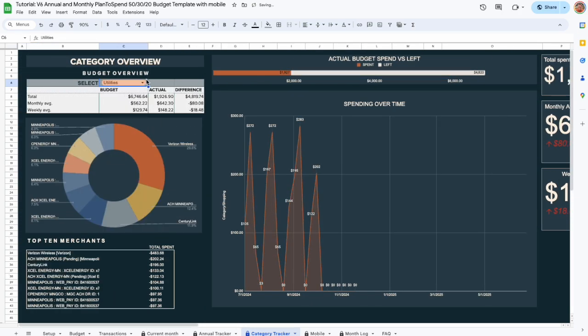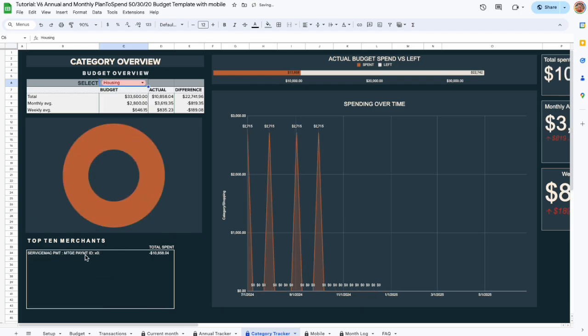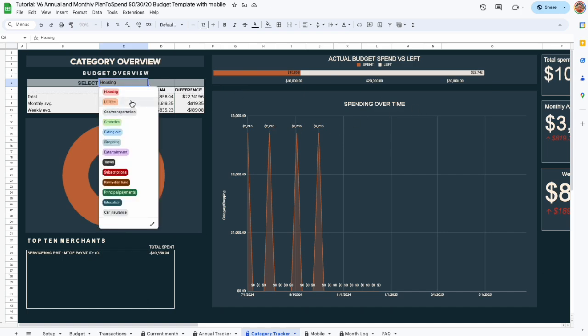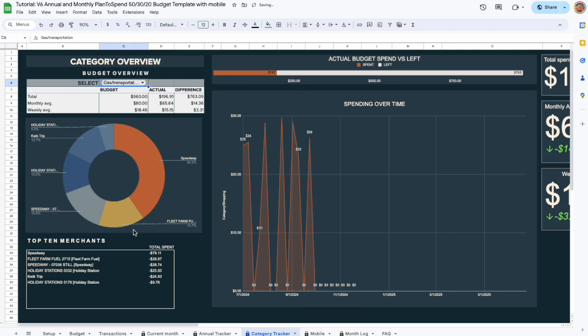Some of these are going to be more interesting than others. Obviously, drilling into utilities, seeing where those biggest drivers are. Housing's not very interesting at all because there's just one merchant. It's the same month over month. But particularly helpful, I think, for drilling into areas where you're looking to make either budget changes or behavior changes.